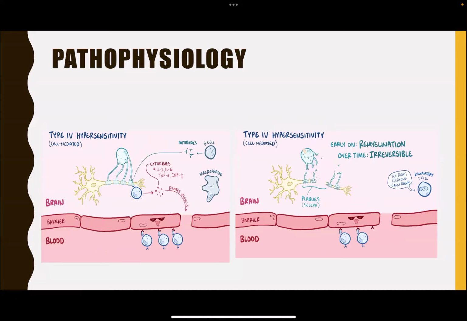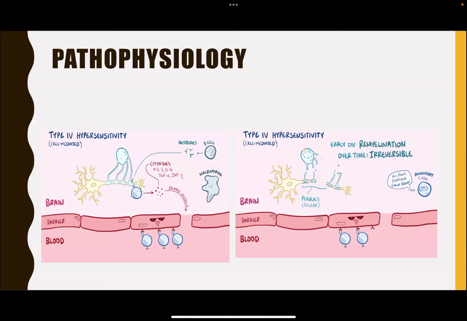After the activation of the T cell, cytokines are going to be produced that will cause the blood vessels to get dilated and recruit more inflammatory cells. Also, the cytokines will cause further damage to the myelin sheath, and will cause the activation of B cells, which will produce antibodies that will bind to the myelin sheath and trigger its destruction by the macrophage, as the macrophage will engulf the antibody-coated myelin.